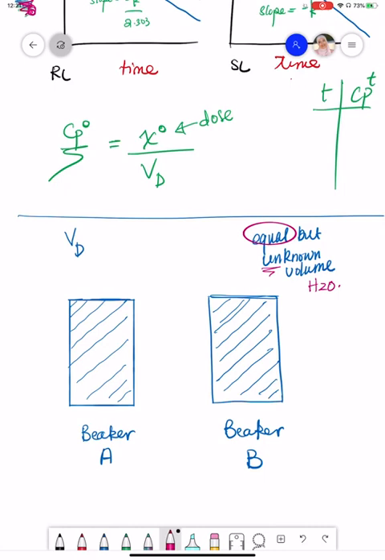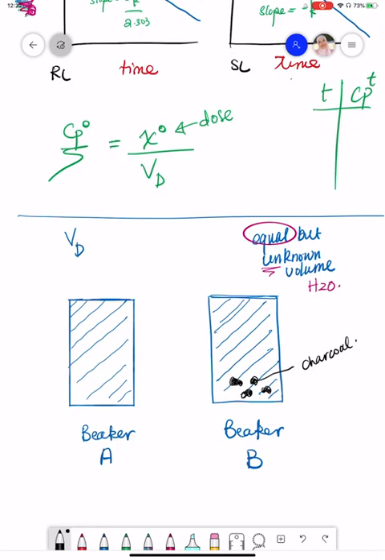Then we will add in beaker B a small amount of charcoal, so let's have it added here. And we know that charcoal is an absorbing agent. So this is one of the differences between the two beakers for now.